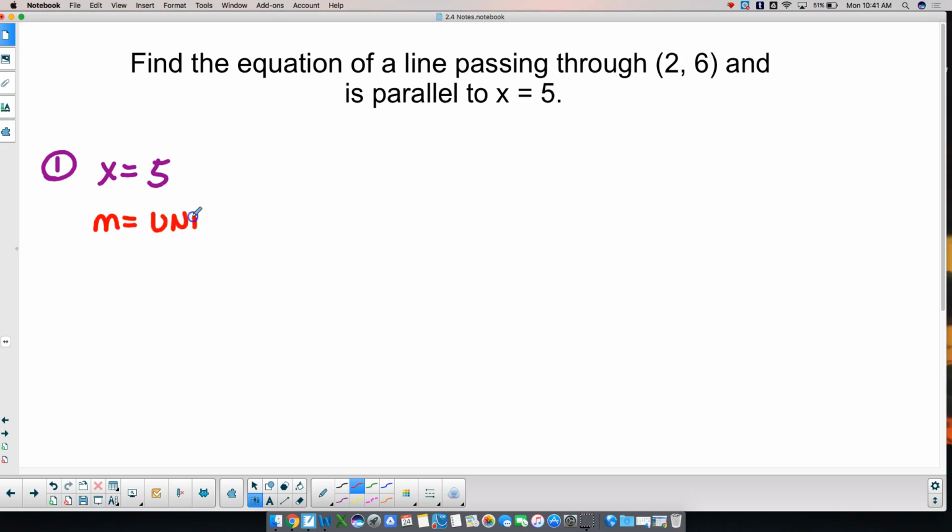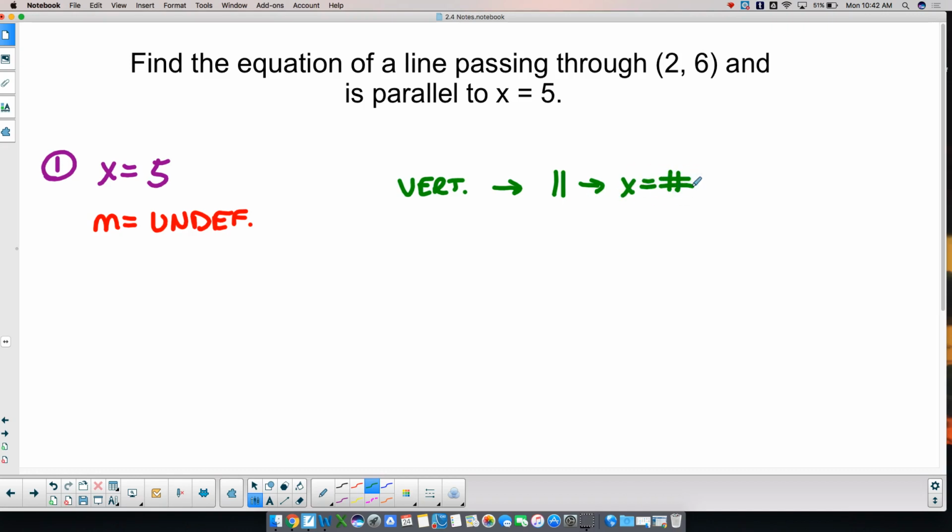Okay? So I can't use my point slope form because my slope is undefined, right? So now we've got to go back and work off of prior knowledge in that for vertical lines, parallel lines are x equals some number.